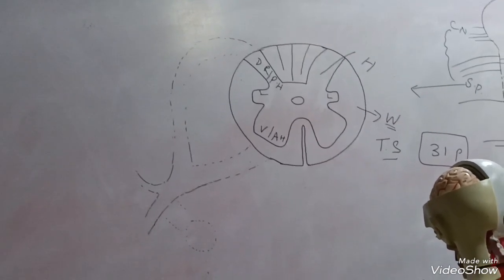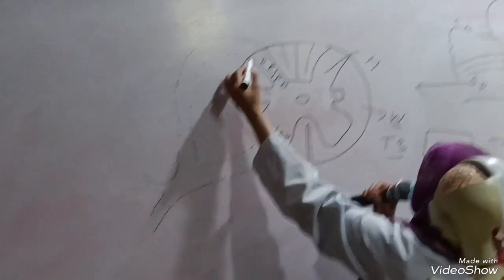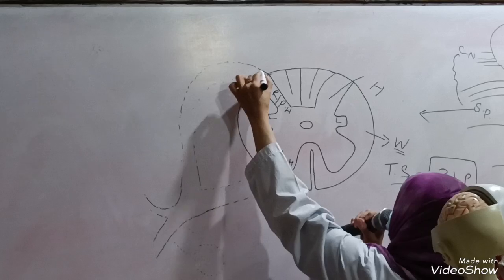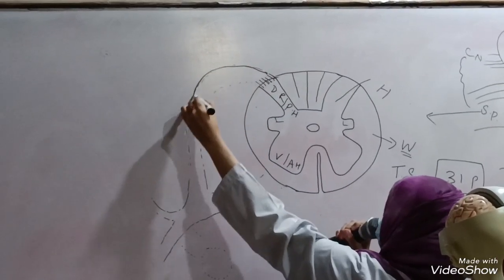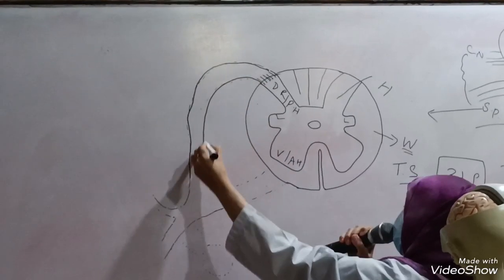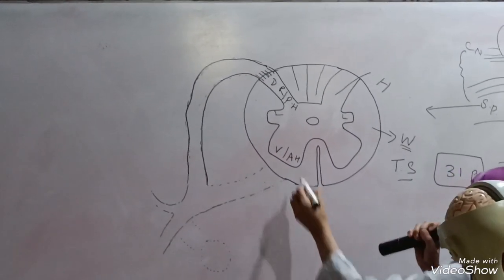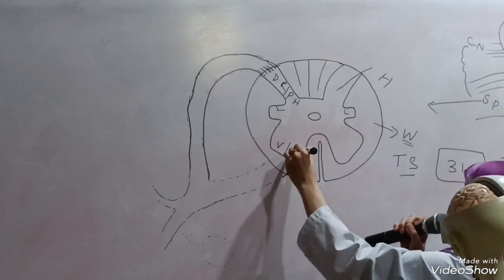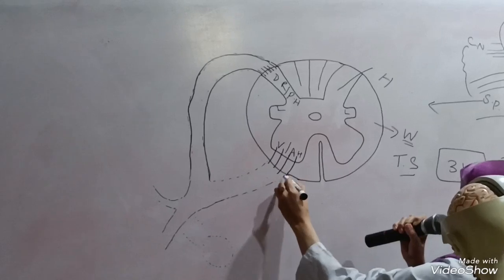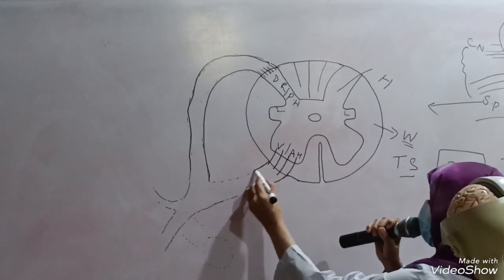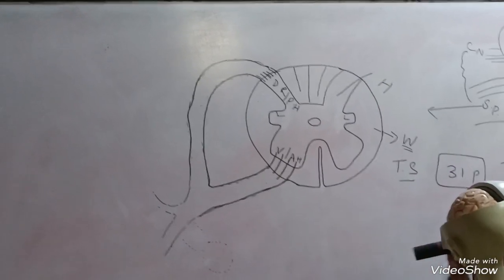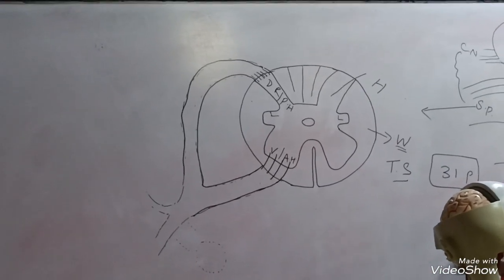So the spinal nerve, from where it gets origin, has nerve rootlets. They combine to form the dorsal root of the spinal nerve. And from the ventral horn or anterior horn, nerve rootlets combine to form the ventral root. Okay, now you can see there is formation of two roots.